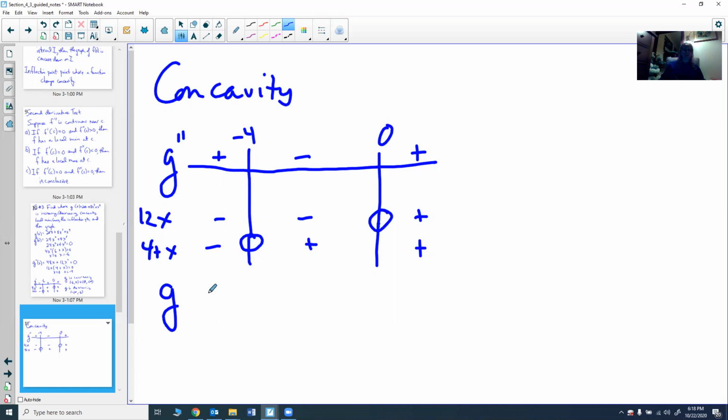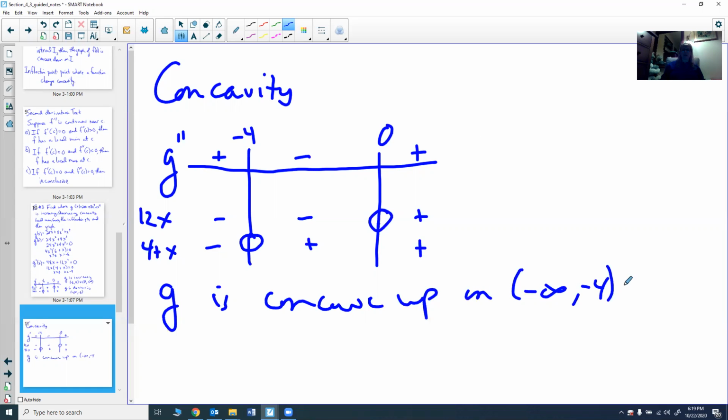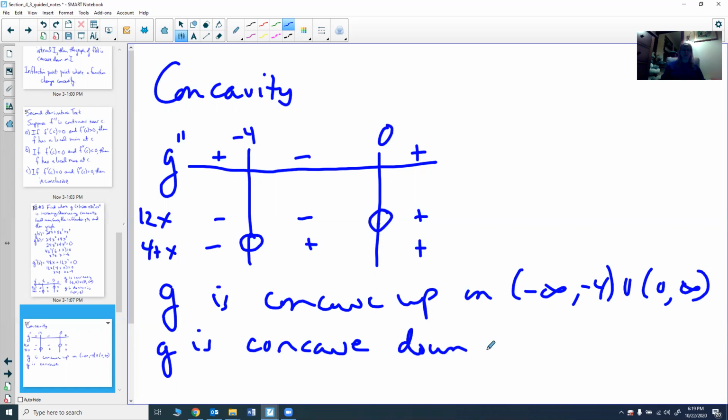This is all about G. Even though we're looking at G double prime, it's about G: the function G is concave up on -infinity to -4 and also 0 to infinity. G is concave down wherever the second derivative is negative, and the second derivative is negative between -4 and 0.